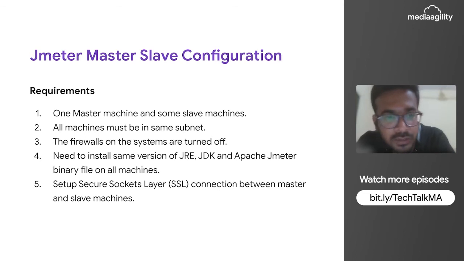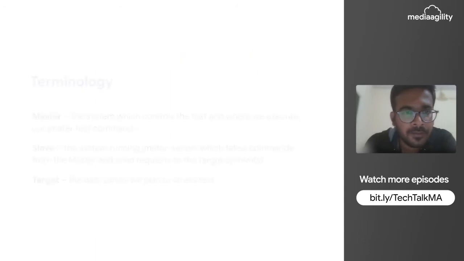Also, we need to install the same version of JRE, JDK, and Apache JMeter binary file on all machines. As JMeter is a Java-based application, we'll need JRE and JDK. We also need to set up a secure socket layer connection between our master and slave machines, as we are transferring commands from one machine to another.